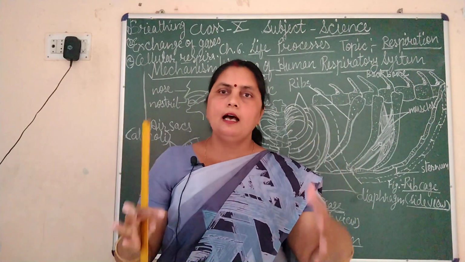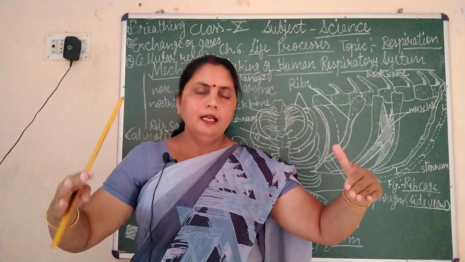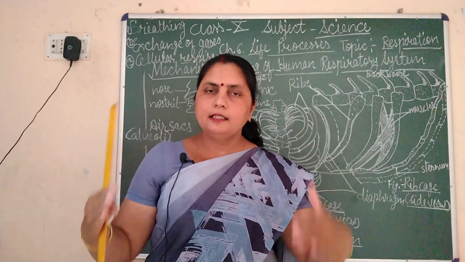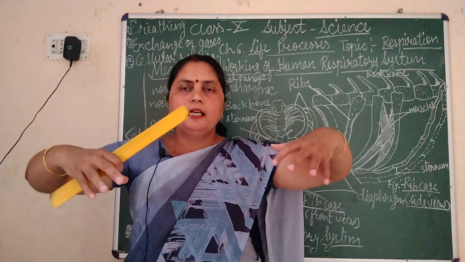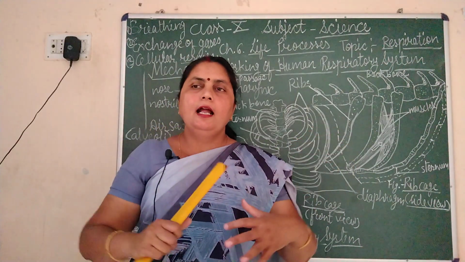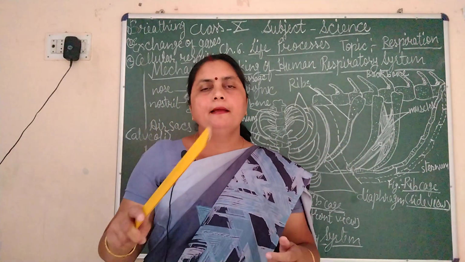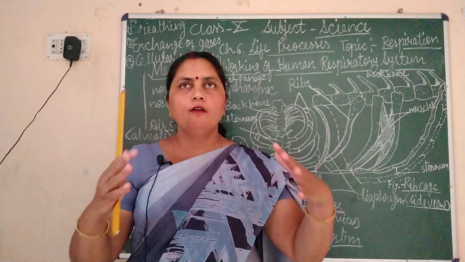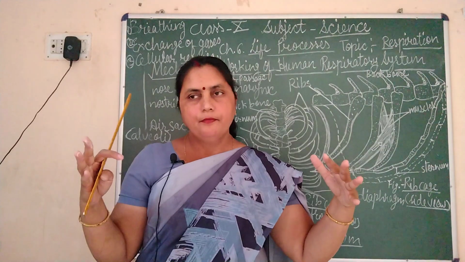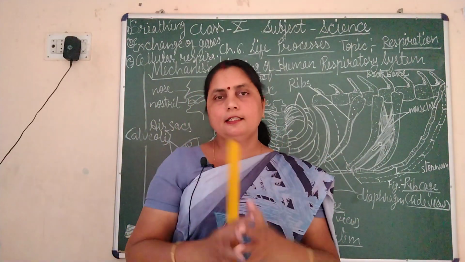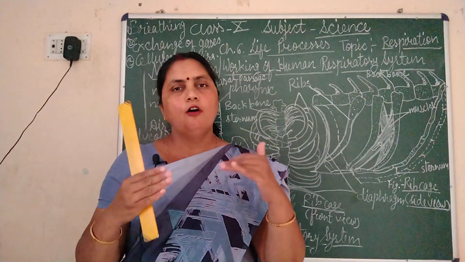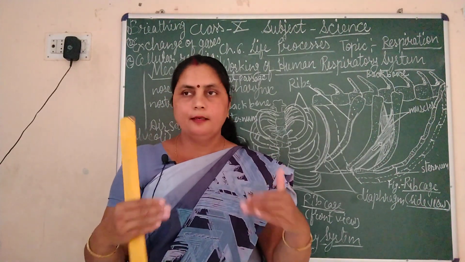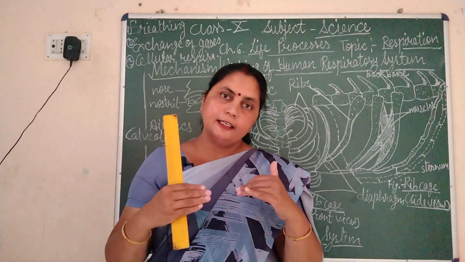I had told you that lungs have a pleural membrane, and this pleural membrane is attached to the ribs. As a result, when the rib cage moves upward and outward, the pleural membrane also moves outward. So the volume of the lungs increases, and the pressure of air inside the lungs decreases.